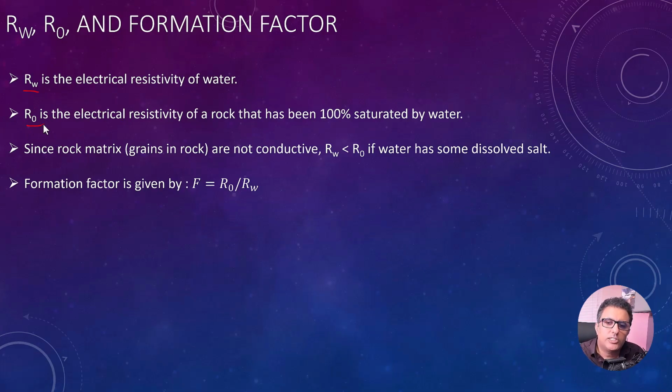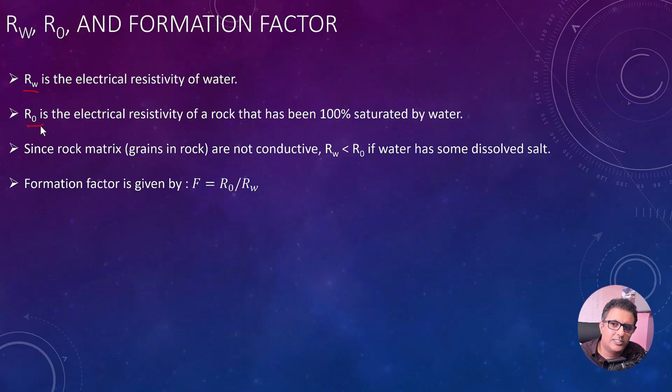Then we have R0, which is the resistivity of the reservoir rock when it is 100% saturated by water. Here, the O or zero doesn't mean oil. To memorize it better, consider that zero means 0% hydrocarbon saturation.